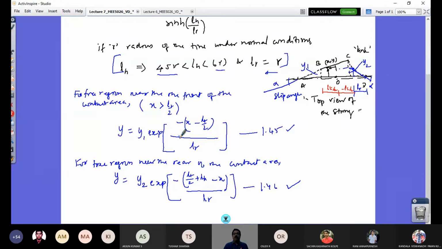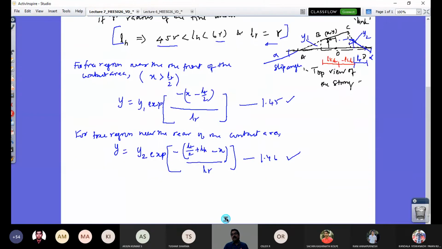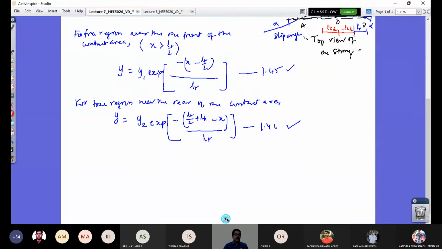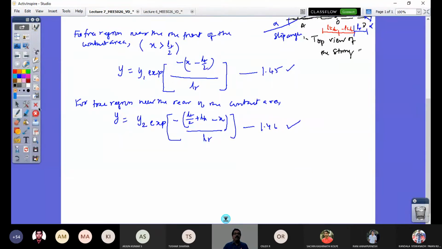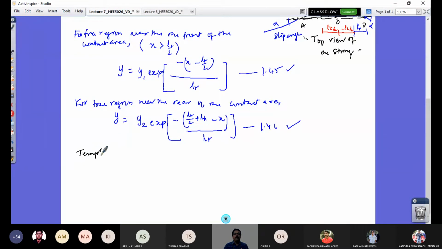So what are those two approaches proposed? Temple's approach, let me just say what it is, and then let me explain what is proposed by Von Schipper. Temple's approach is to integrate the lateral force exerted on the tire over the contact length, right?